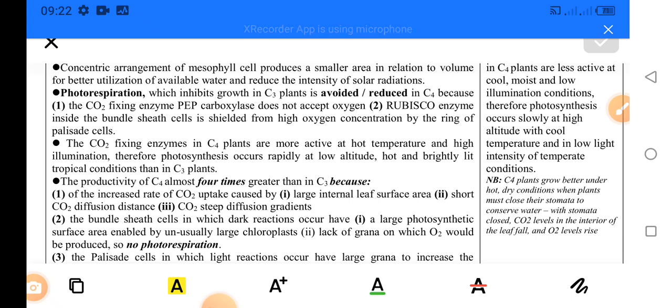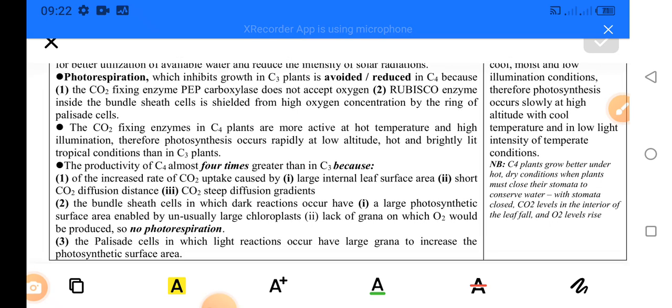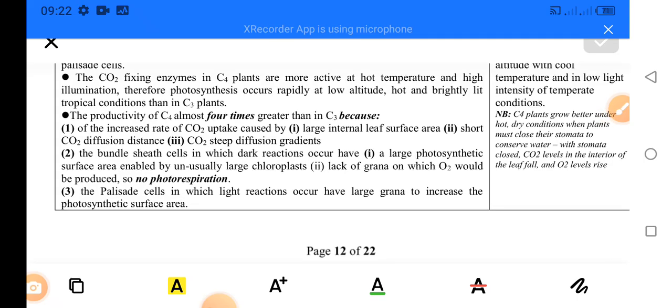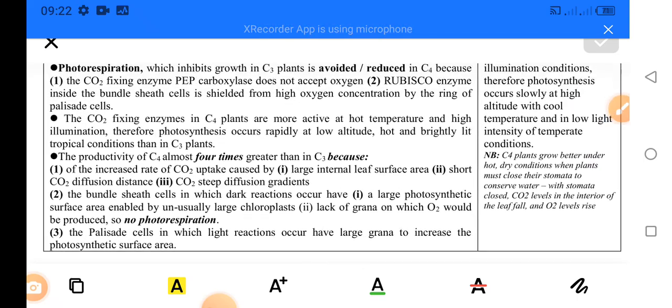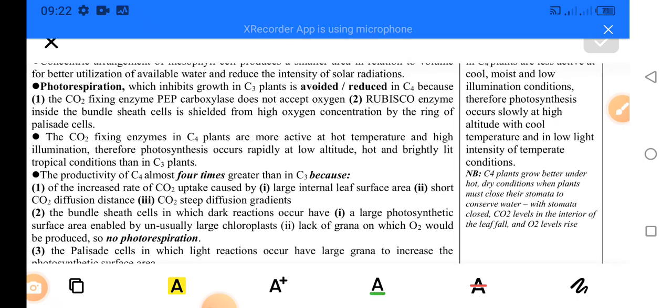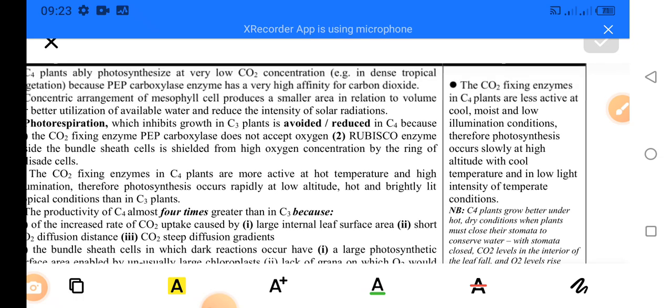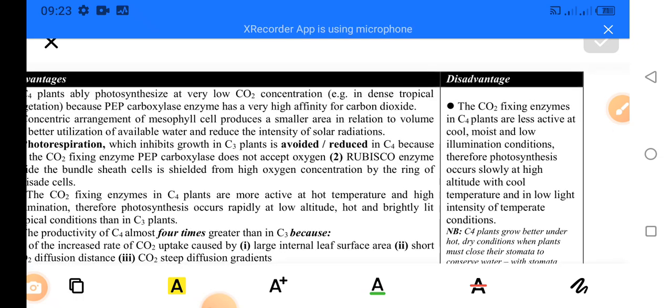Then number three, the palisade cells in which light reactions occur have large grana to increase the photosynthetic surface area. So those have been the advantages of C4 plants over C3 plants.